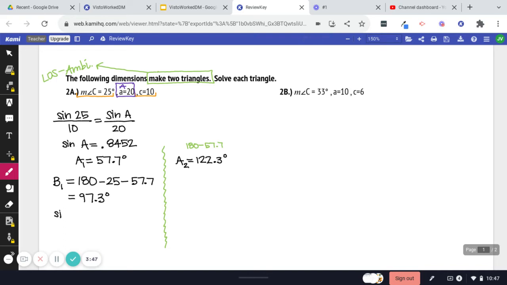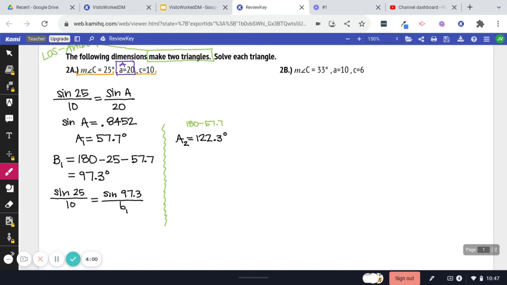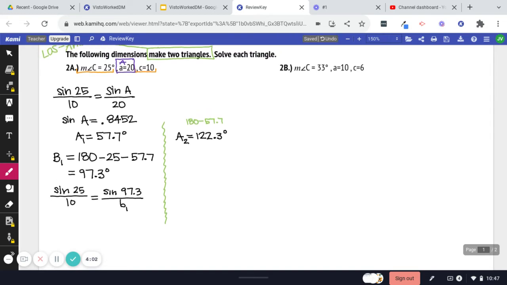So I'm going to come back to sine 25 over 10. We're just grinding on the law of sines here. Sine 97.3 over b1, right? So I'm looking at baby b here. And if I cross multiply and divide here, so 10 times sine 97.3, right?